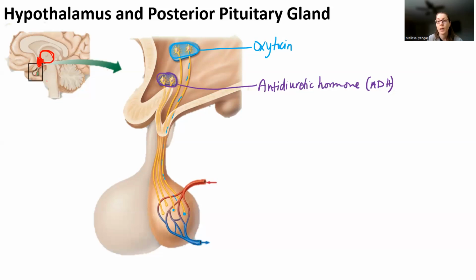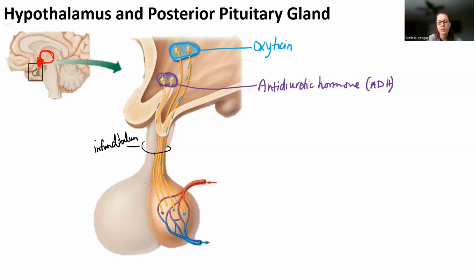You need to know how to spell the words out. That is something I should not have to tell you, but I will. So again, antidiuretic hormone is made by these neurosecretory cells. It's transported down the neurons through the infundibulum, because this is our infundibulum, which is technically the extension of the hypothalamus creating the posterior pituitary gland.